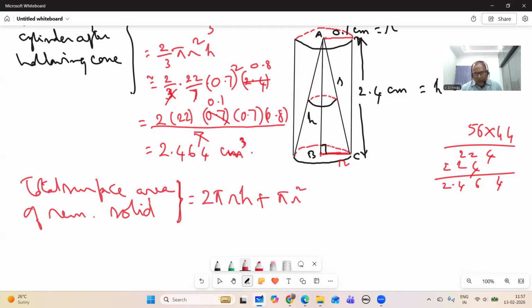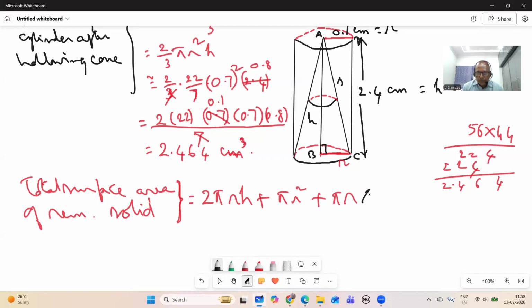This base is hollowed out for the cone, so this base circle will not be there. That is removed. And this cone has formed newly, and its lateral surface area contributes. How much is its lateral surface area? It is pi r s.